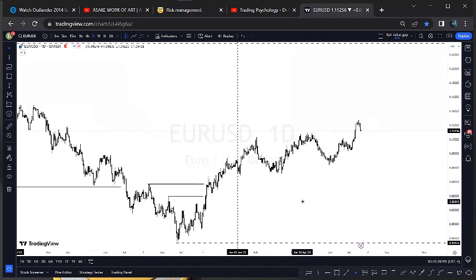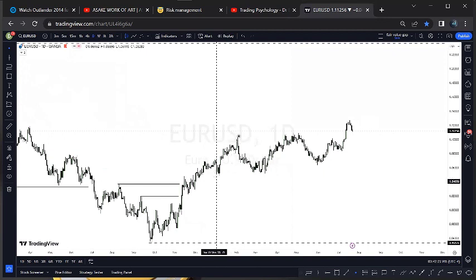So you would have been a buyer, looking for buy opportunity, buy opportunity. If you are looking to take any trade from this time frame, you are a swing trader.